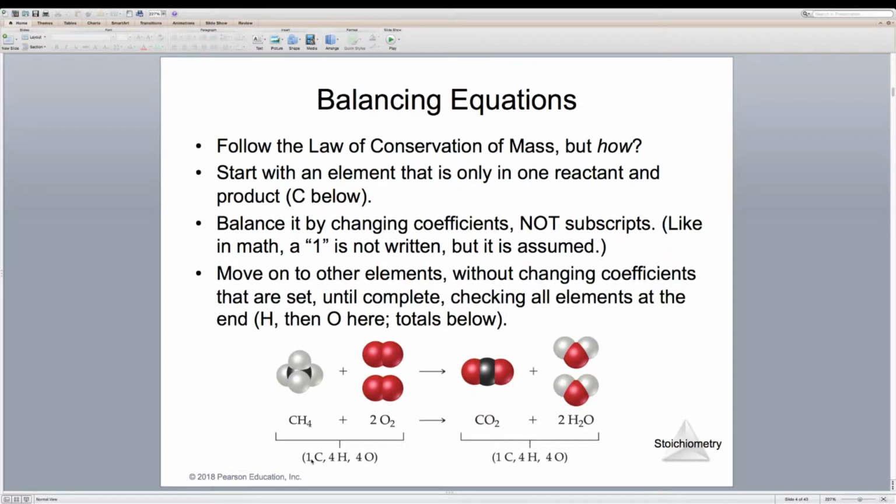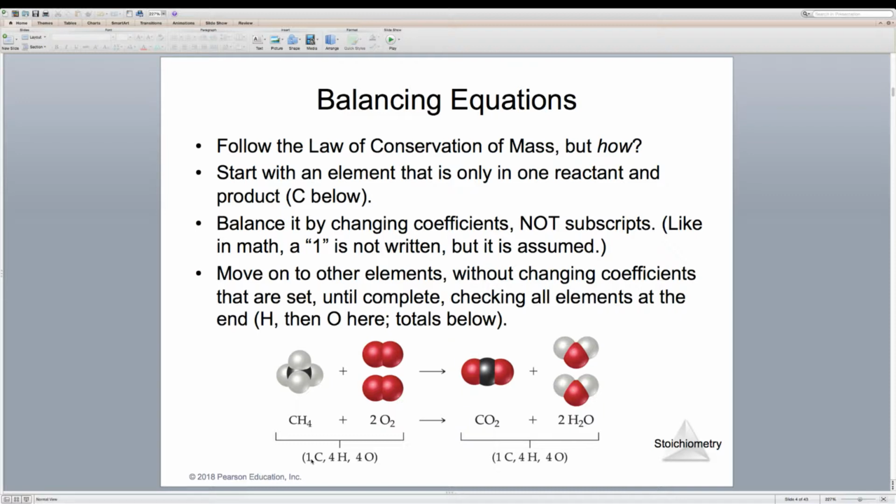Now, because of the law of conservation of mass, we must balance equations by balancing the amount of any particular element on both sides of our arrow, meaning that we cannot have one atom of carbon on the left side and no atoms of carbon on the right side.